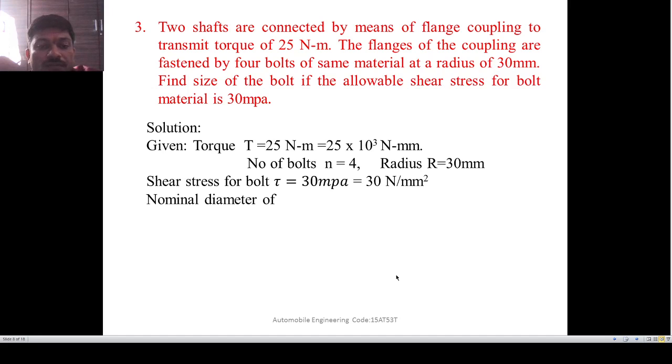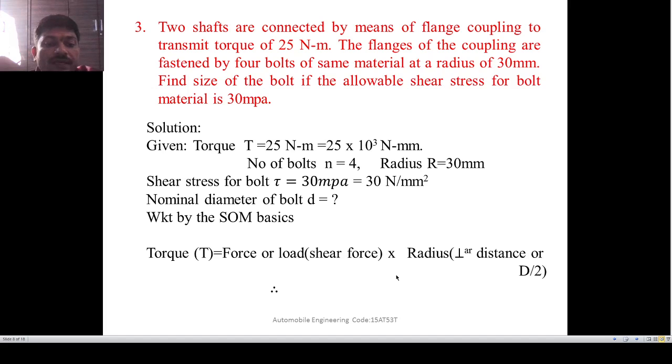This is from the basics of strength of materials. So torque T is equal to force or load into radius or perpendicular distance, or we can write it as diameter by 2. Half of the diameter is the radius.